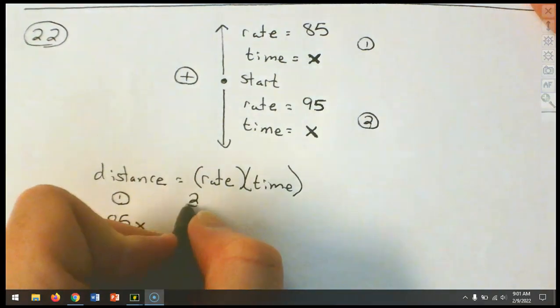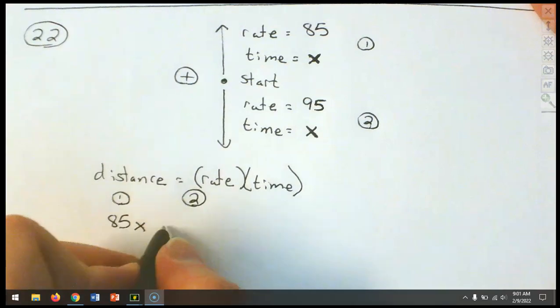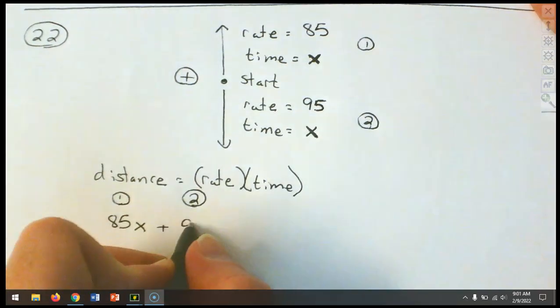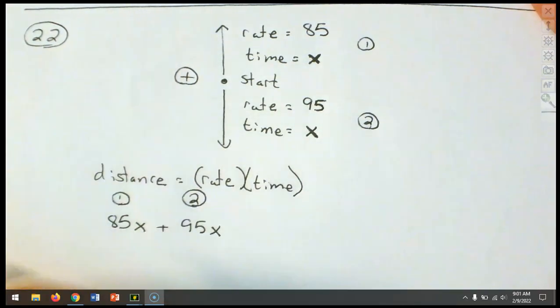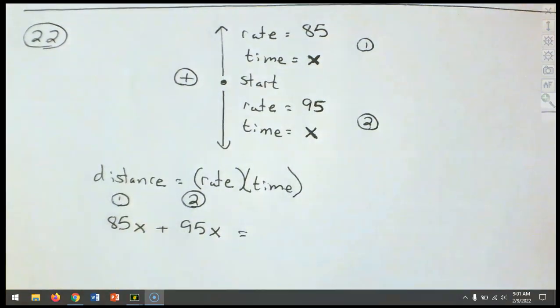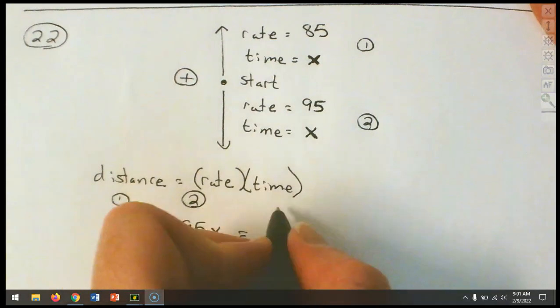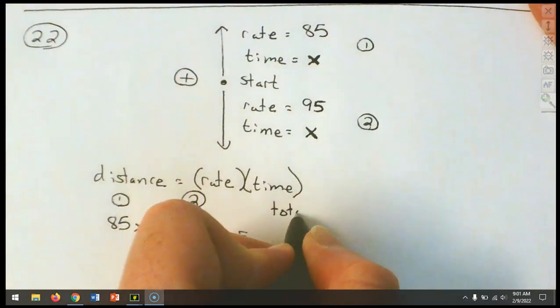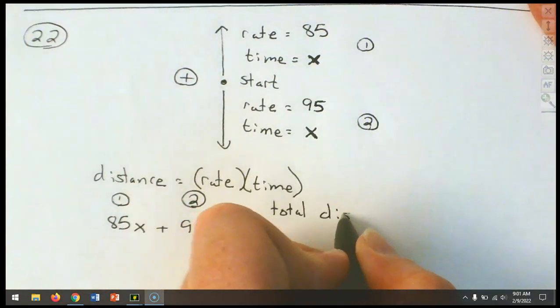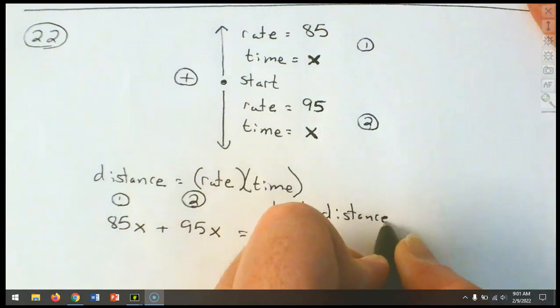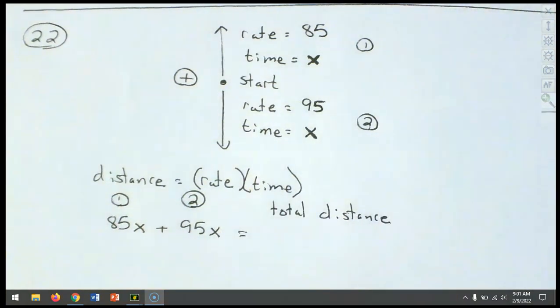Second train: 95, unknown amount of time, x. What are they going to equal? Well, they need to equal the total distance. And what's our total distance from the problem? 315.